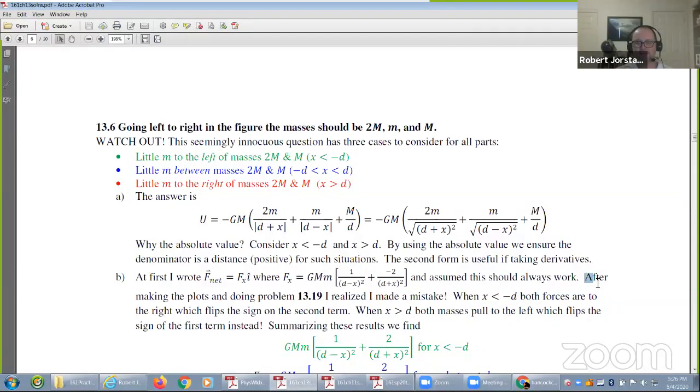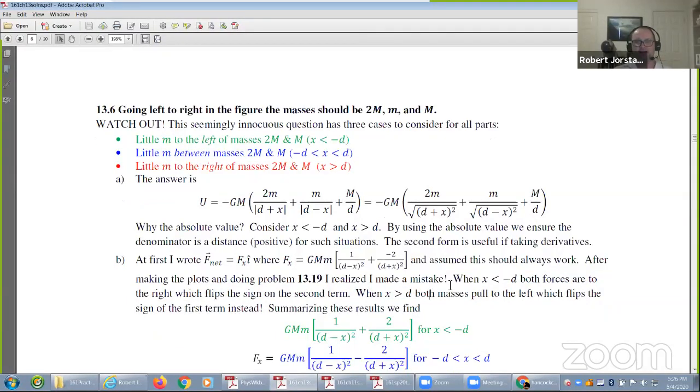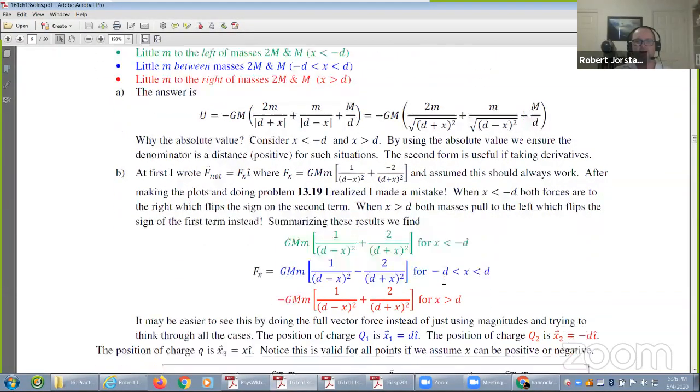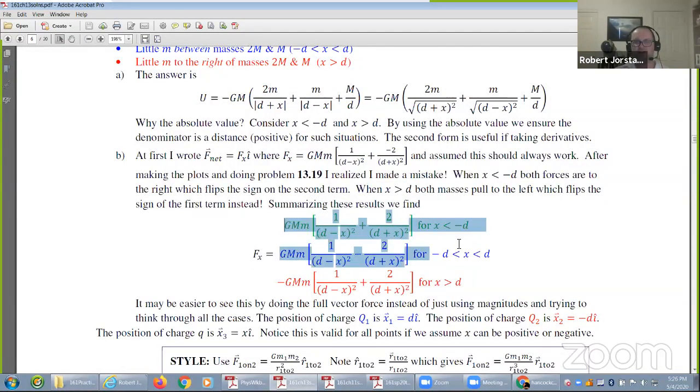I made the plots, and this is what makes me such a plot kind of guy now. I didn't figure out my mistake until I made the plots and said, wait a minute, these don't make any sense. When you do this one, it doesn't flip it. It looks like you could do this and you could do each of three cases. Let me show you what I mean by going over to the other picture.